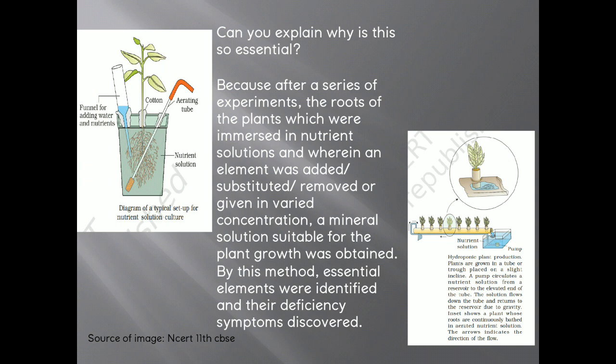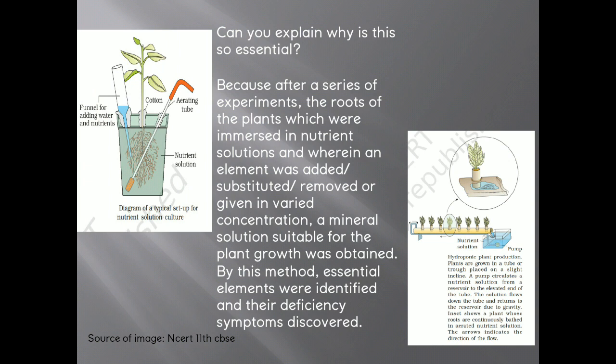Here in this picture on the top left, we see a typical setup for nutrient solution cultures where the plant is held with cotton plugs so it maintains its stability in the solution, and a pipe is inserted for aeration purposes, and the funnel is used for adding water and nutrients. Whereas the second picture, towards the right down, gives the idea about how hydroponic plant production takes place.